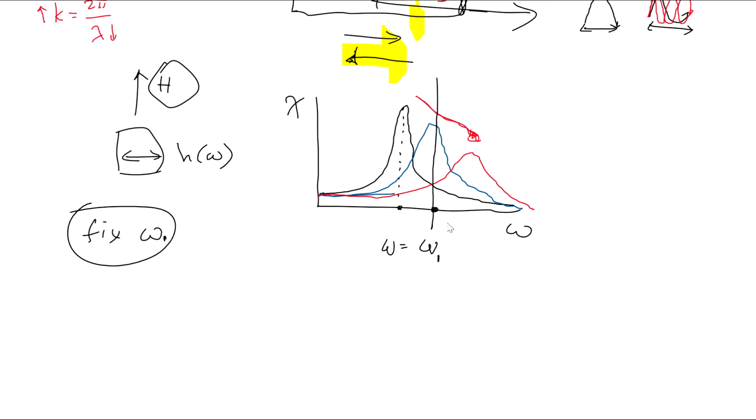And if our field is weak, then our resonance is below this particular frequency. So now we can plot susceptibility measured at these conditions as a function of big H. If H is very small, then our resonance is below the frequency at which we are measuring. That means that if the field is small, there is no resonance at our frequency.